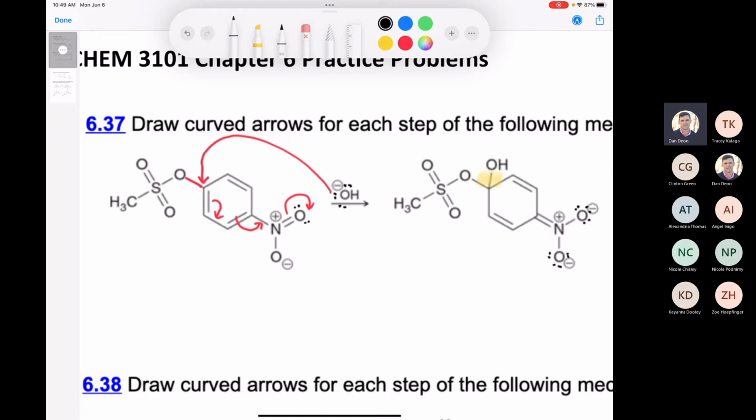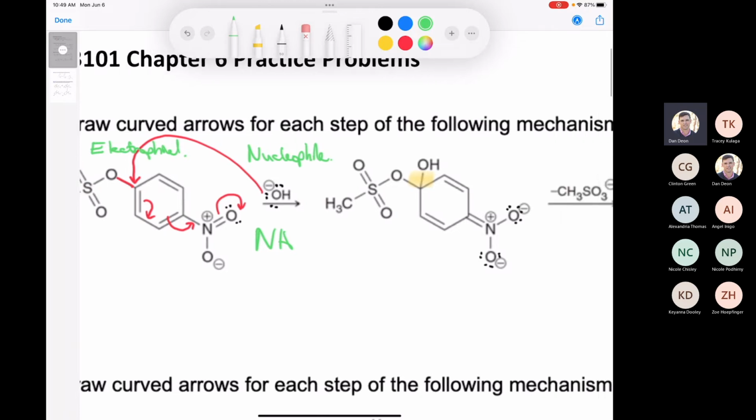It's a nucleophilic attack, isn't it? Because this is my nucleophile, and this is my electrophile. So this is a nucleophilic attack. The nucleophile is attacking the electrophile.